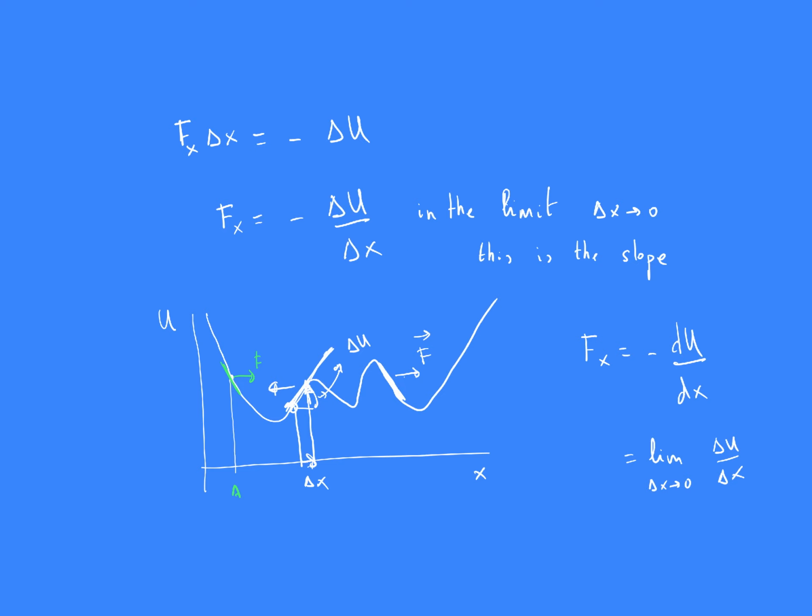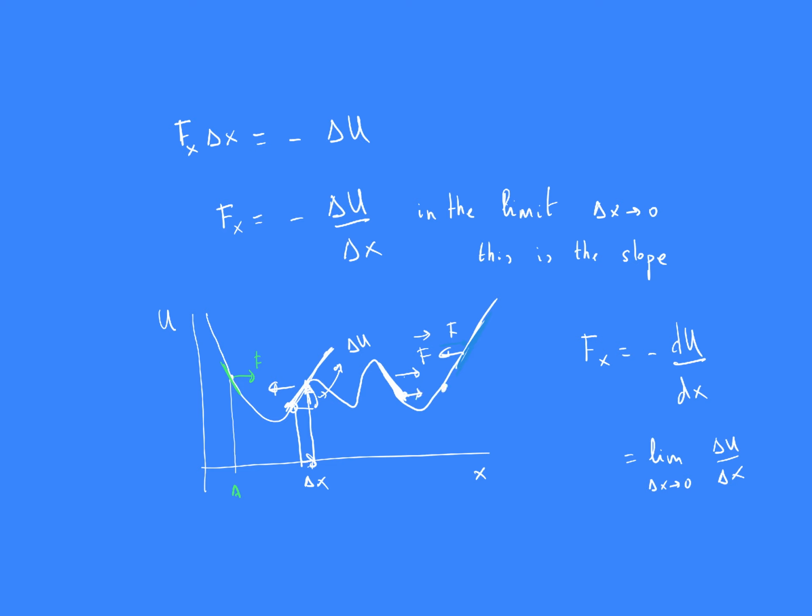Delta U divided by delta x is the slope of the graph. So when you are here, for example, the slope is positive, so the force is negative, going in this direction. When you are here, the slope is negative, so the force is positive.